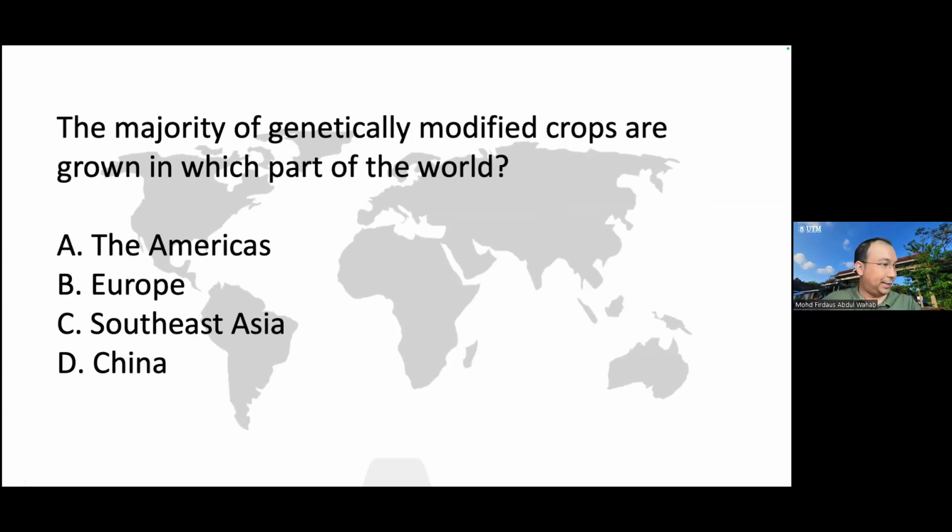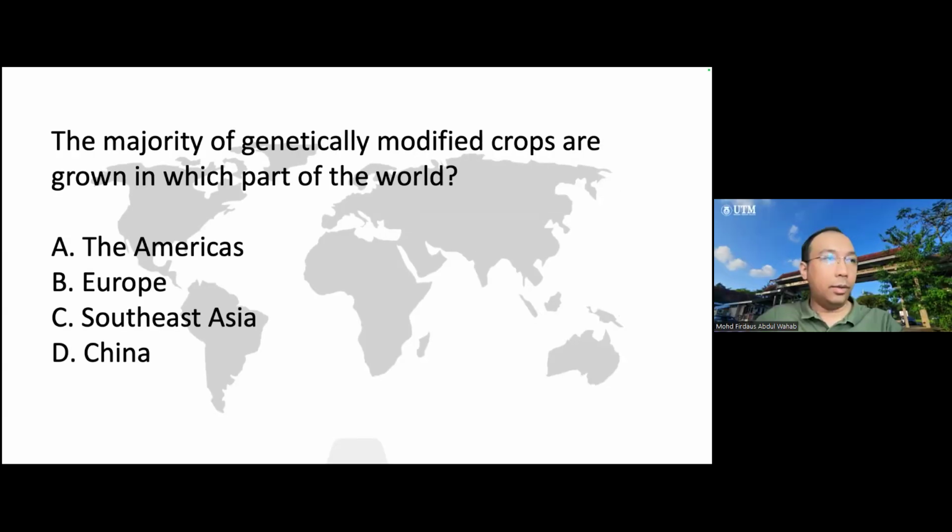Okay, so yes, the answer is the Americas, where most genetically modified crops are grown, which is North and South America. I think they account for 85 to 90% of the world's GM crop in terms of the area.